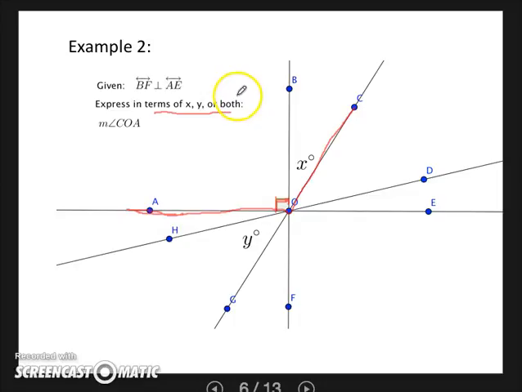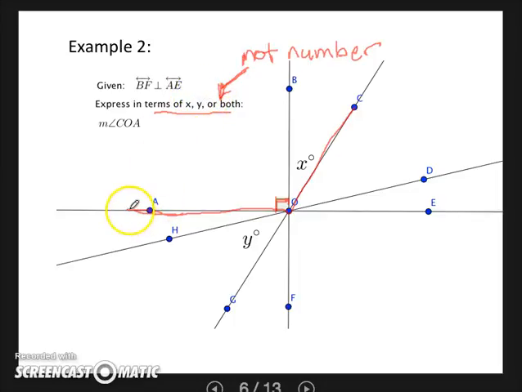Now, in terms of x, y, or both, tells us that the kind of answer we're looking for will not necessarily be a number. The answer that we're looking for could have x's or y's or both in it.